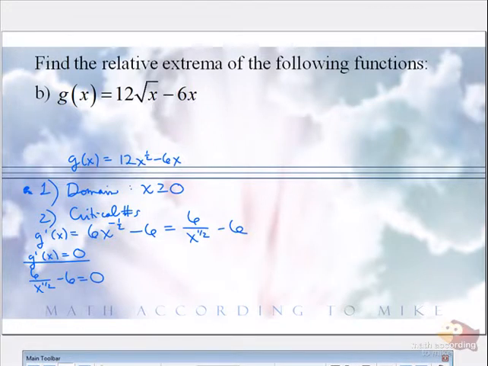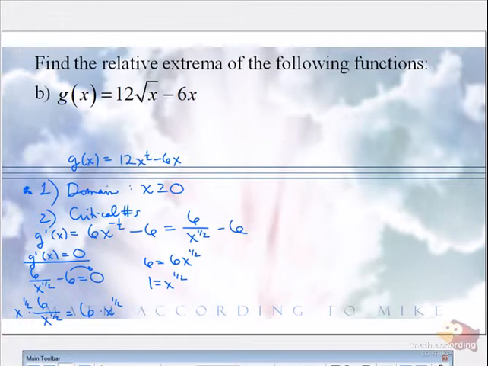If we brought this 6 over, we'd get 6 over x to the 1/2 equals 6. Then if we multiplied both sides by x to the 1/2, we would get 6 equals 6x to the 1/2. Then what should we do? Divide by 6, so we have 1 equals x to the 1/2.